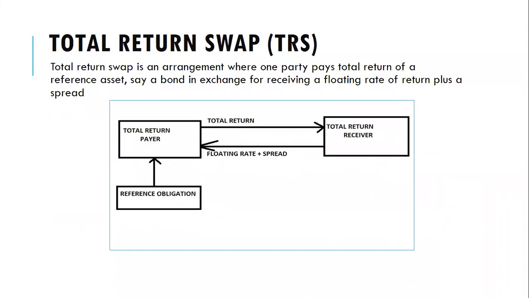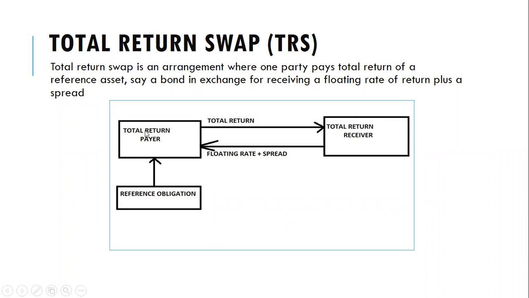Now, we looked at credit default swaps. There is something called a total return swap. You will notice the key difference between the credit default swap and the total return swap. Instead of buyer and seller, you have the total return payer and the total return receiver, and everything is based upon certain reference obligations only.